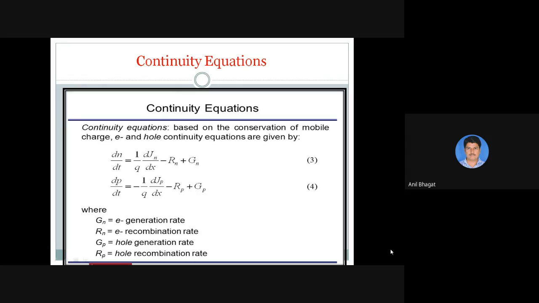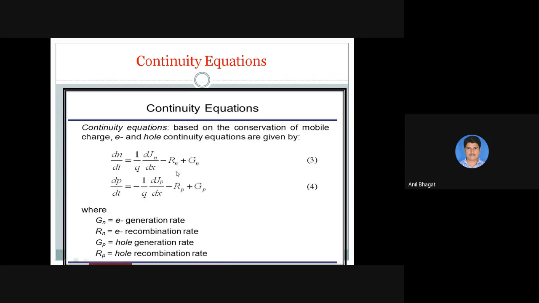Now the continuity equation is based on the conservation of mobile charge, electrons and holes. The continuity equation is given by dn by dt, the change of electrons with respect to time, which is equal to 1 upon q times d Jn by dx, minus Rn, the recombination rate of electrons, plus Gn, the generation rate.